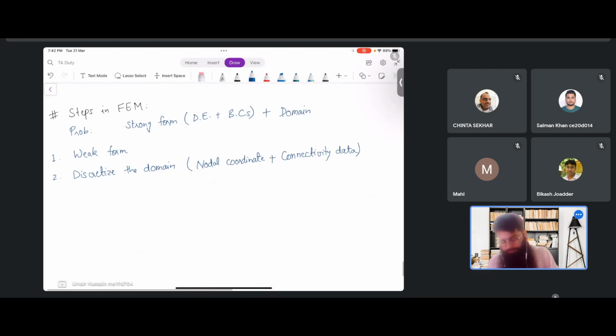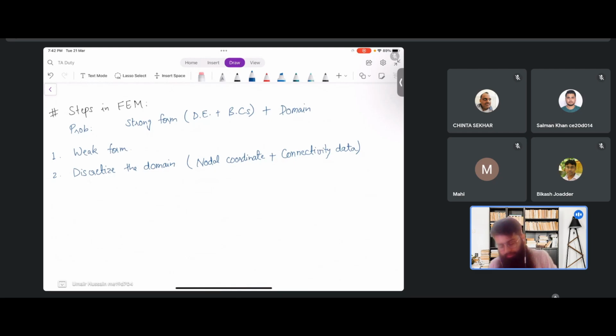Then after discretization, we find element level equations. If I'm missing anything, please just let me know.